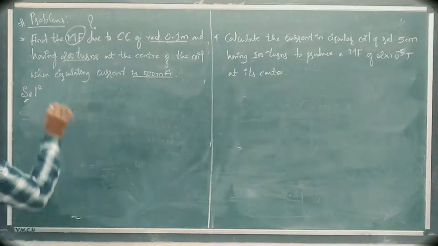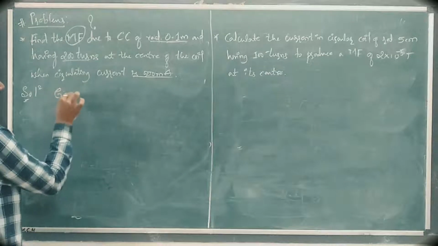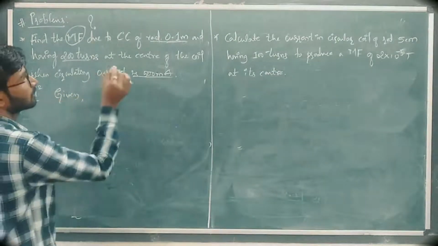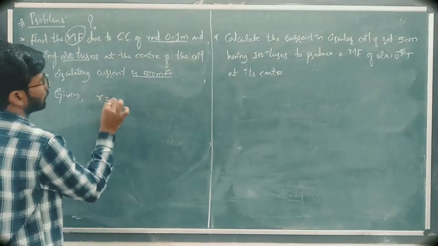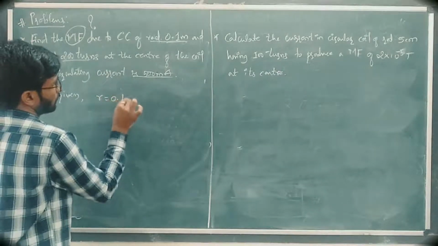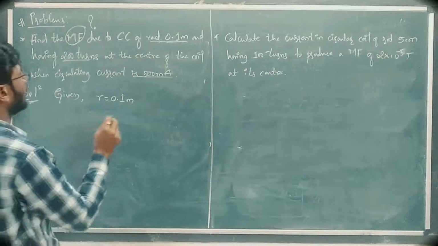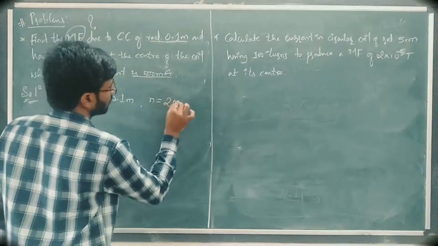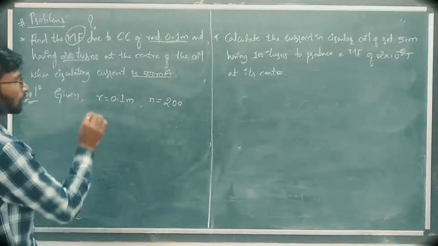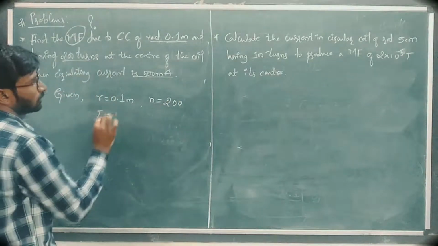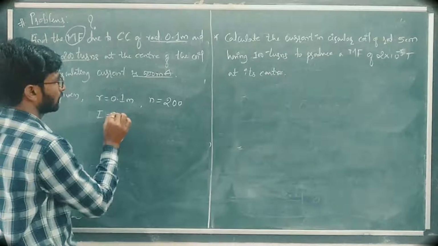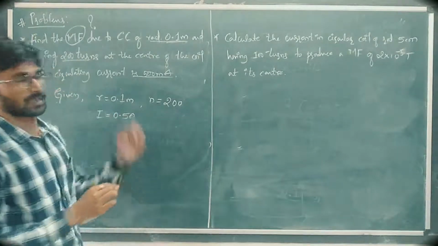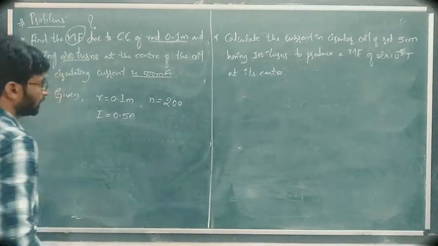Now let's take down the given things. The radius is 0.1 meter, the number of turns is 200, and the current is 0.5 ampere, which I have converted from milliampere to ampere.